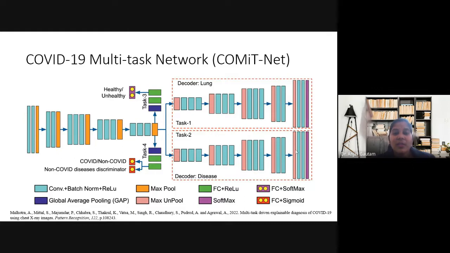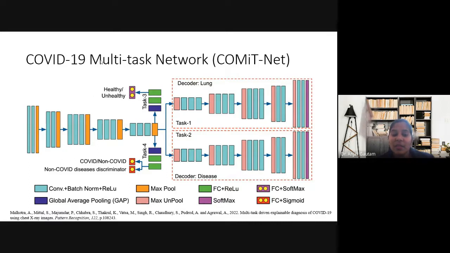In task 2 you can find out where the region containing the disease is, which region is affected by COVID-19. In task 3 you can find out whether the image you have given is of a healthy or unhealthy patient.